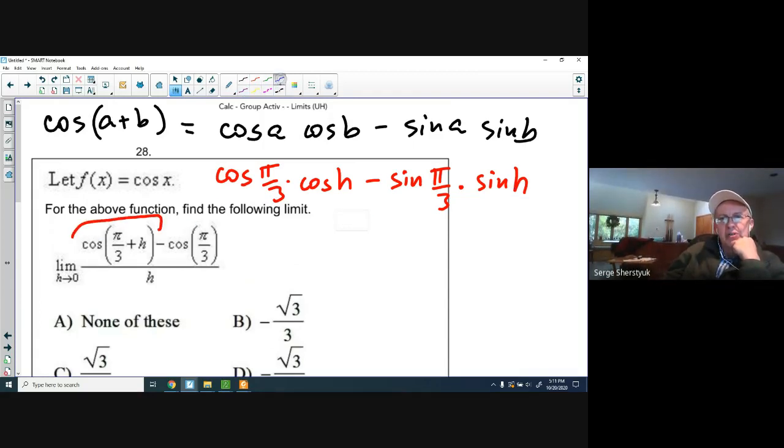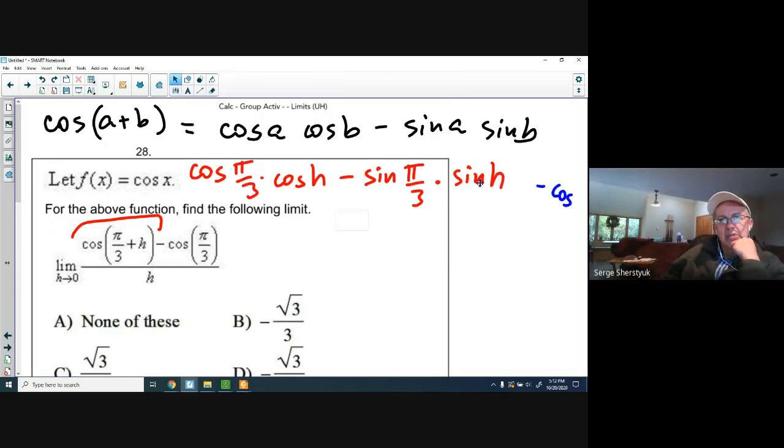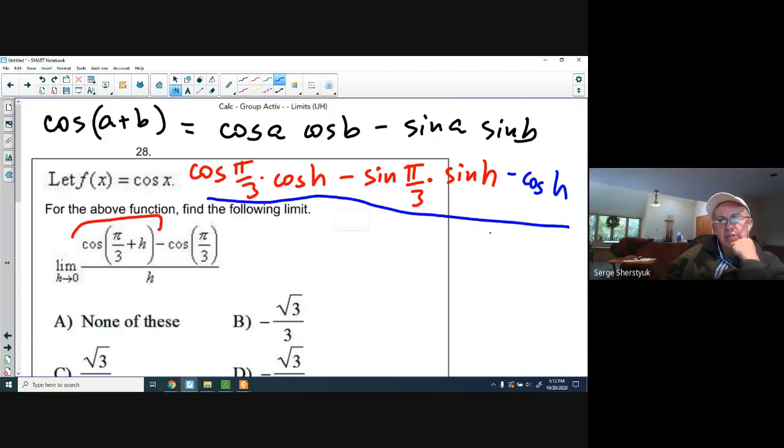What about this other business right there? Well, that's minus, I see where I'm going with it. Minus cosine of h. Wow. And the whole thing is divided by h. That's just my numerator. The whole thing is divided by h.